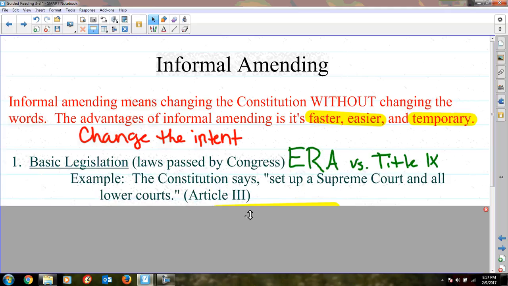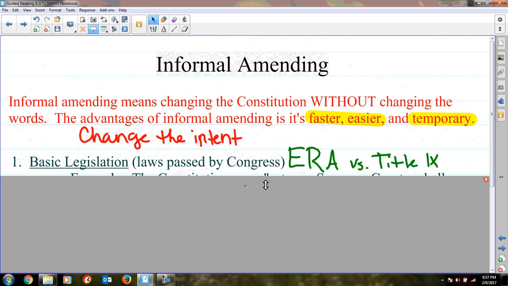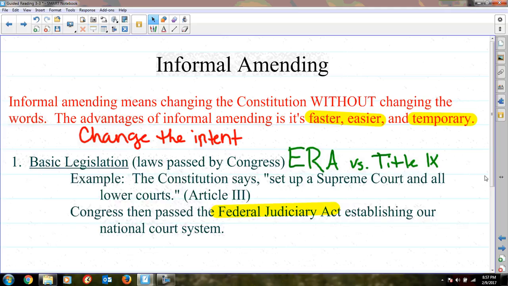One of the first ways that we do that is through basic legislation. So, for example, laws that are passed by Congress. And I have here the Equal Rights Amendment, which was an amendment that was attempted to put in our Constitution, versus what is called Title IX. Another example would be that the Constitution sets up the Supreme Court and all lower courts. That's Article 3.